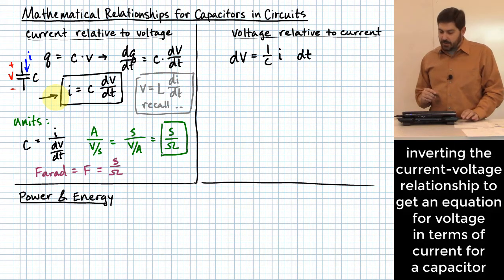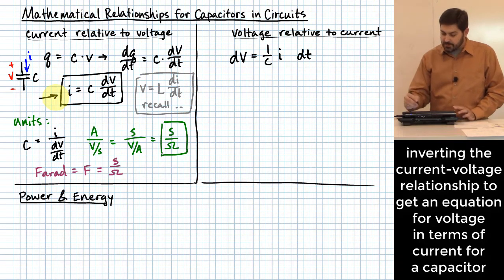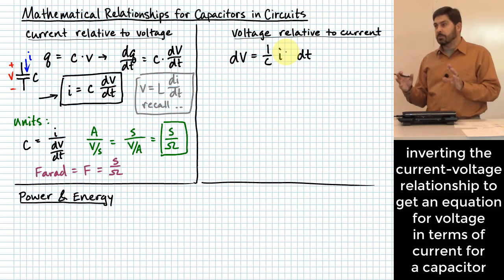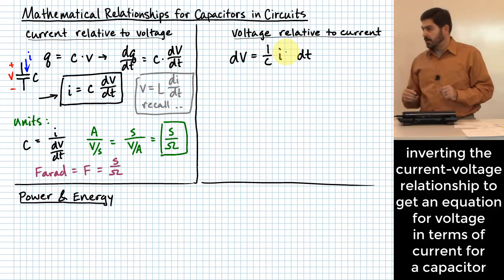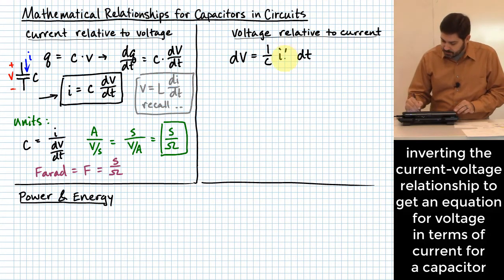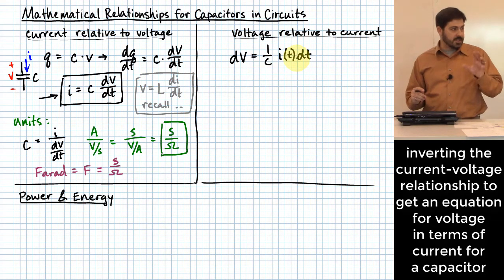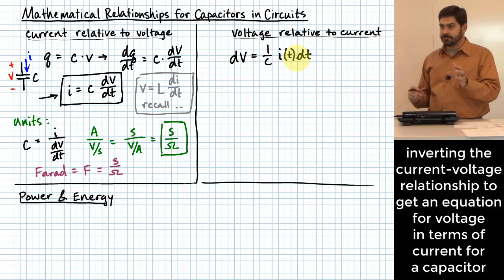Now a quick thing I want to do here, really to emphasize it, is to say that both voltage and current, we presume those are functions of time. We presume that those can change and vary as time moves on. And so instead of just saying I, to really emphasize it, I'm going to put here I of t, to emphasize that I is a function of time.